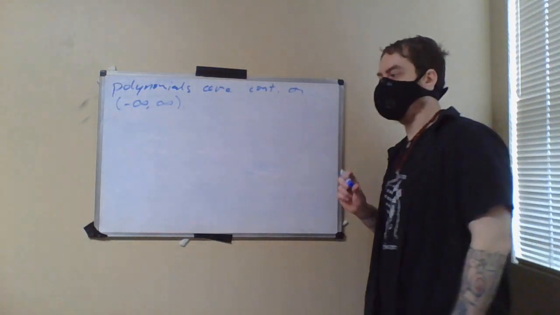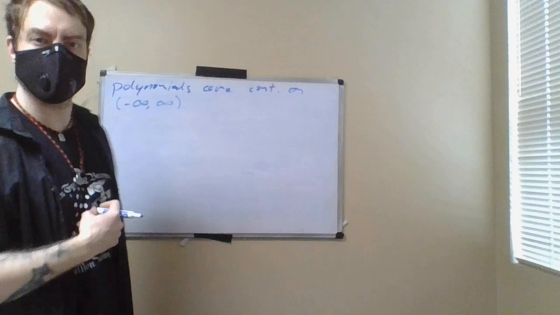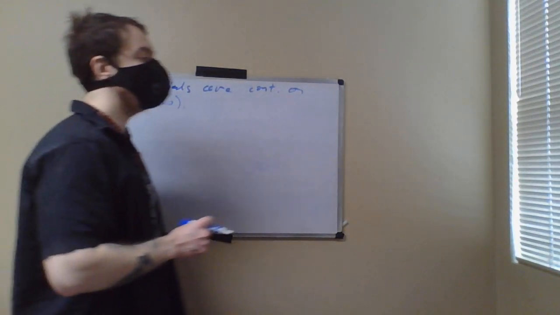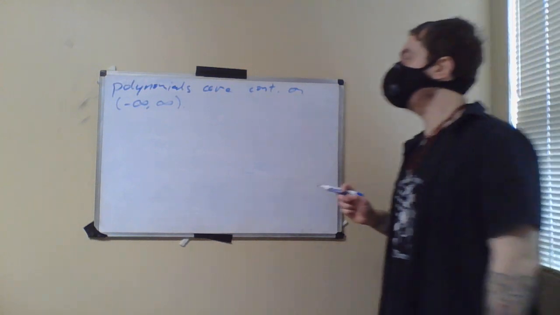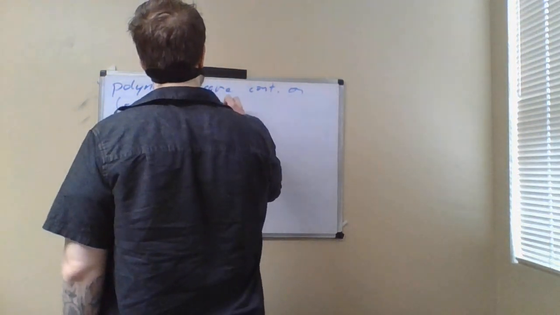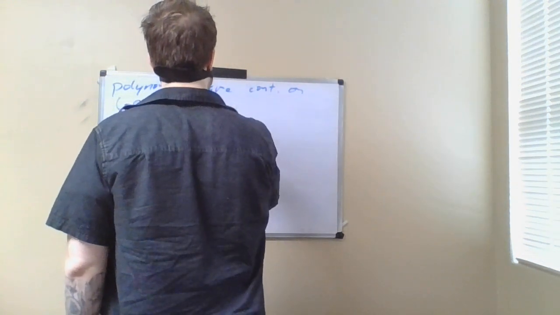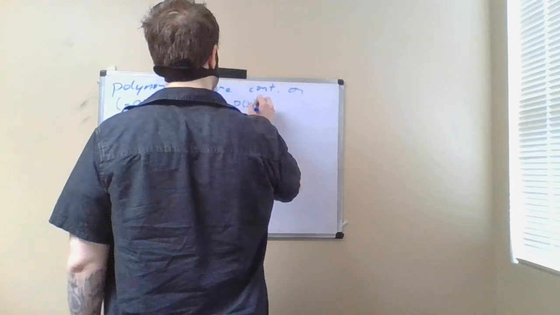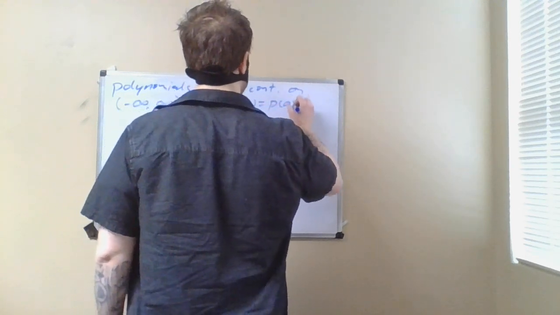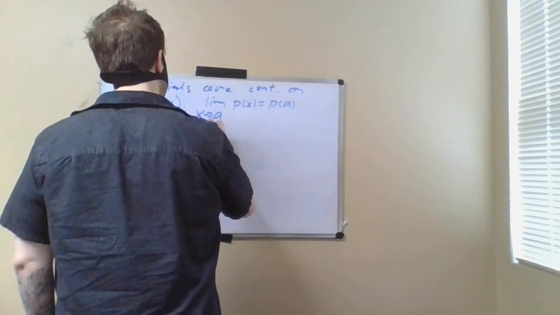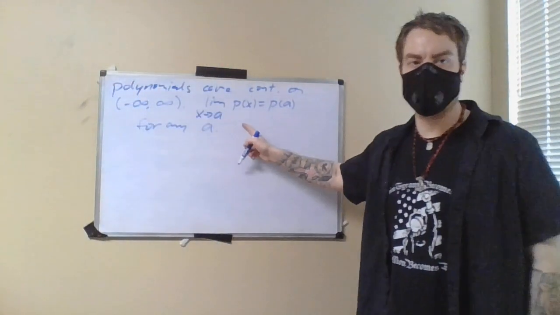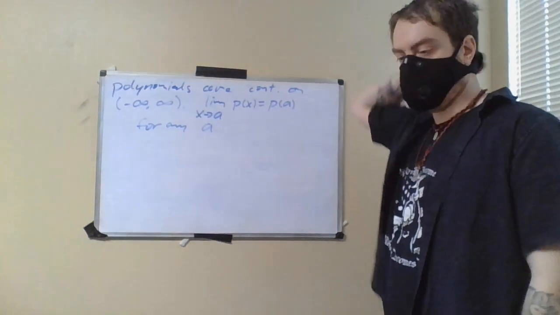Well, like I said, we proved, and I don't remember how many lectures ago it was, that for a polynomial, if you use the limit laws, you can show that the limit as x approaches a of p(x) is always just equal to p(a). And this is true for any value of a. It's not just true at some specific point. Therefore, this is continuous everywhere.